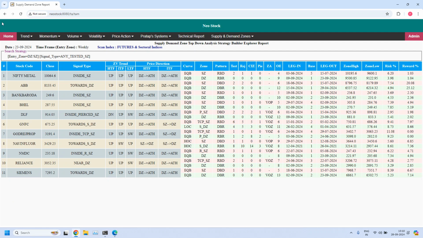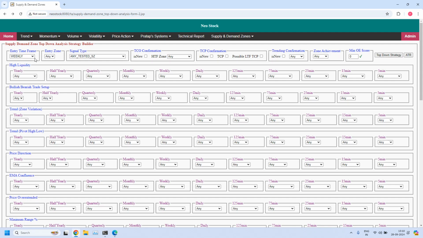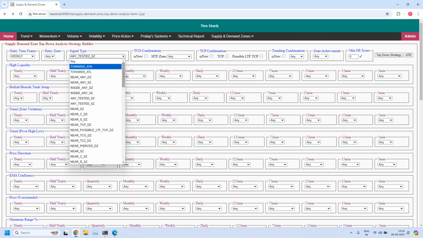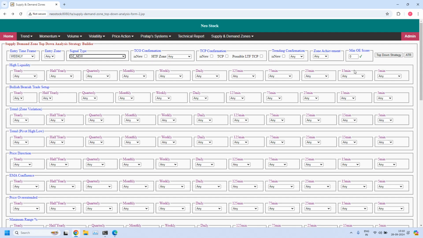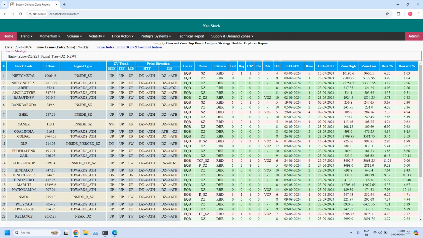Let us look into the newly created zones during this week. For weekly time frame, let us find the newly created demand zones during this week. Good number of weekly demand zones are tested during this week. Newly created weekly demand zones are created during this week.